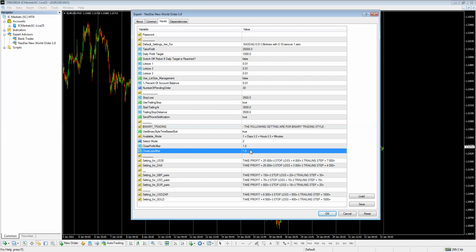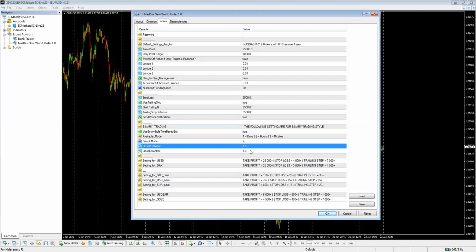Those 10 minutes that were calculated while it was negative are eliminated now. It starts counting the new 1 hour as it goes in profits. Then it will stay for 1 hour as long as it profits, and it starts that 1 hour countdown. After the 1 hour, it closes your profits. Okay, so you can use this if you are familiar with binary trading. By default, it's on false.